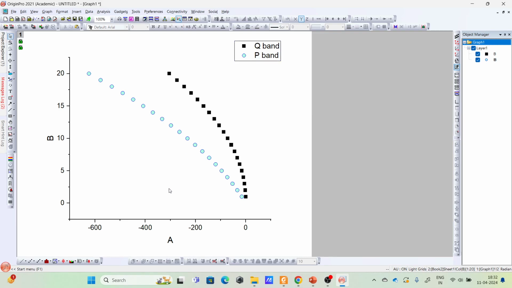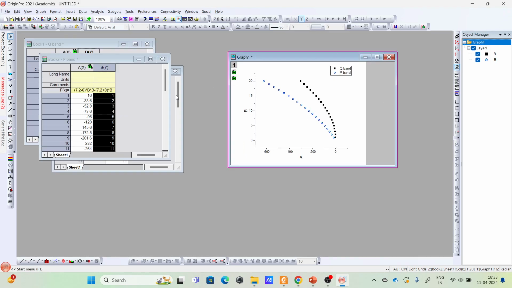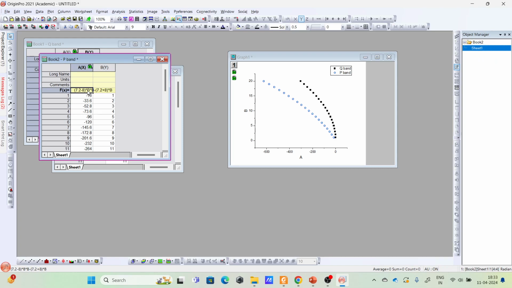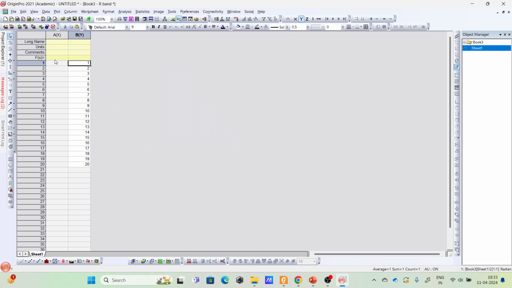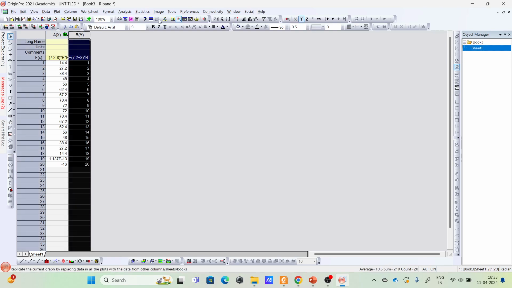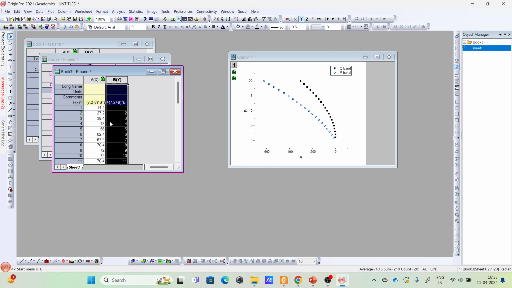See, we are only seeing one half of a parabola right now, but let us see what we get for the R band. I just copied the formula. The formula is almost the same, just a plus here, and it is giving us something like this.